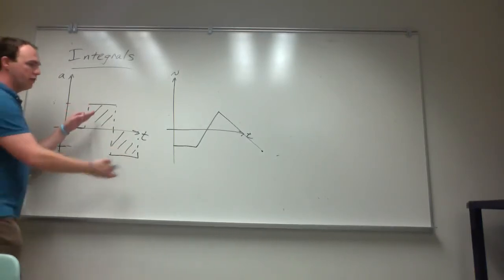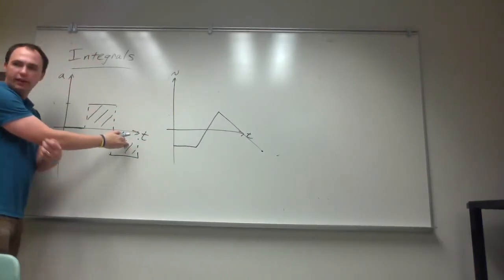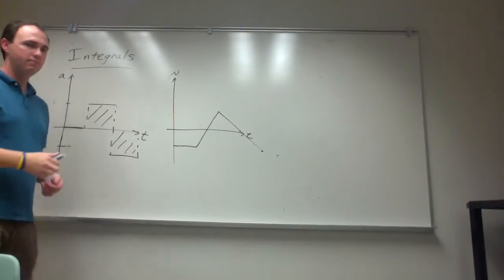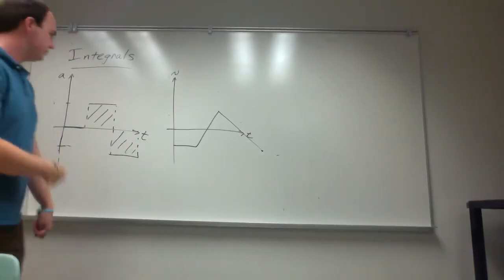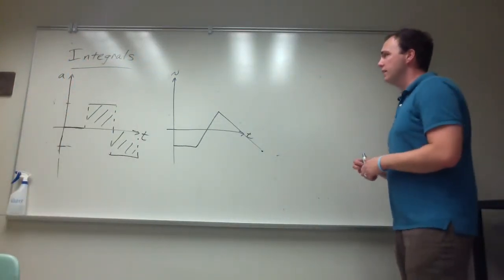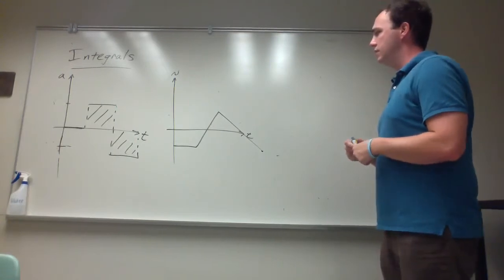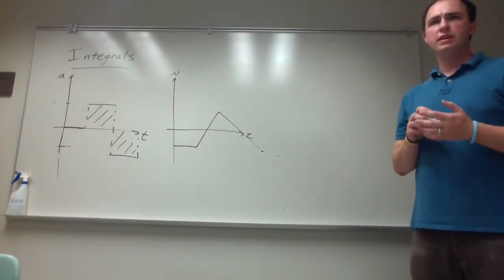So if we get back to where we started, in terms of velocity, that means this area cancels out that area. Does that make sense?